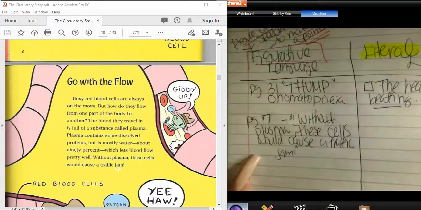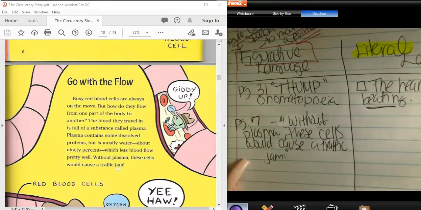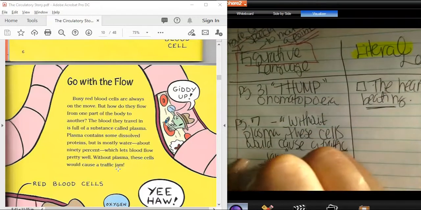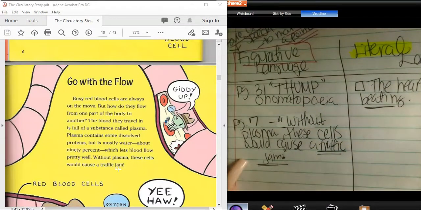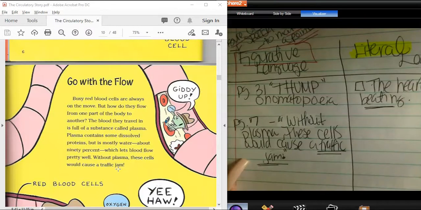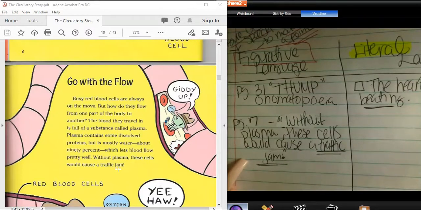You're closing it. Boys and girls, do they literally mean a real traffic jam? Like inside of your body, there's going to be police officers and firefighters and paramedics trying to help your red blood cells? No, right? It's just a figure of speech.